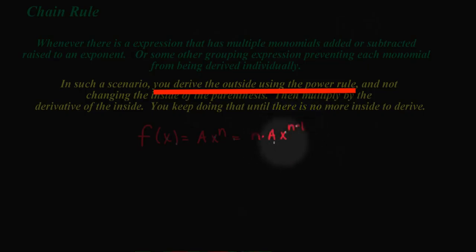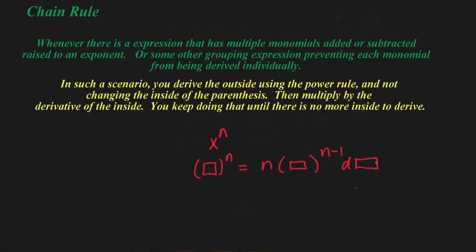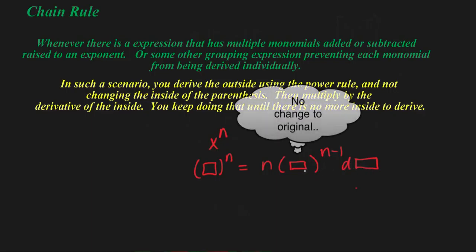You're going to apply that to whatever your function is that you're deriving. But since it's not going to be an x to the n, you're going to look at whatever you have inside and treat that as an x. So you have to multiply by the derivative of the inside, since it's not an x. And that's basically what the chain rule is.